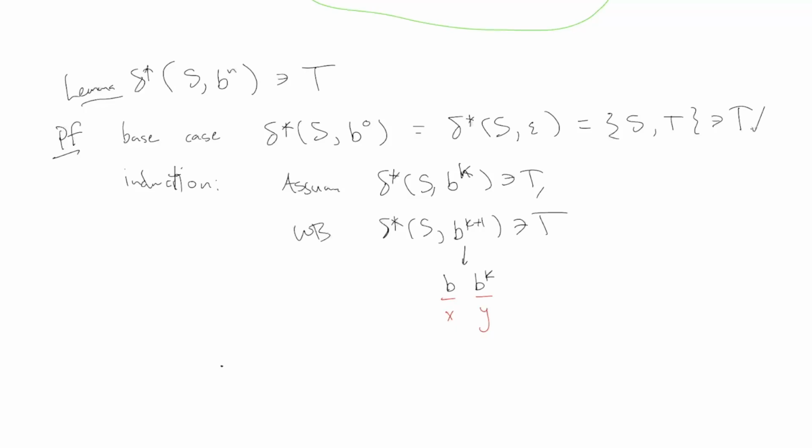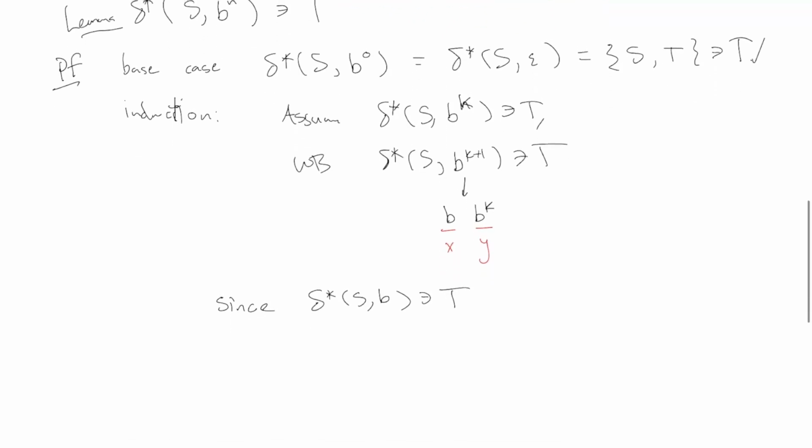And I can say something like, since delta star of S and B, the X, contains T. I'm following the formulas in red that I wrote way up there. I hope you can still see them. I can see them in my mind, in my heart, written in my flesh and bone.